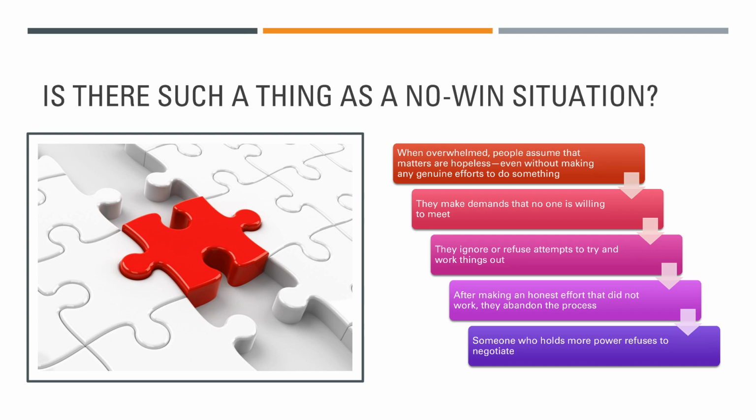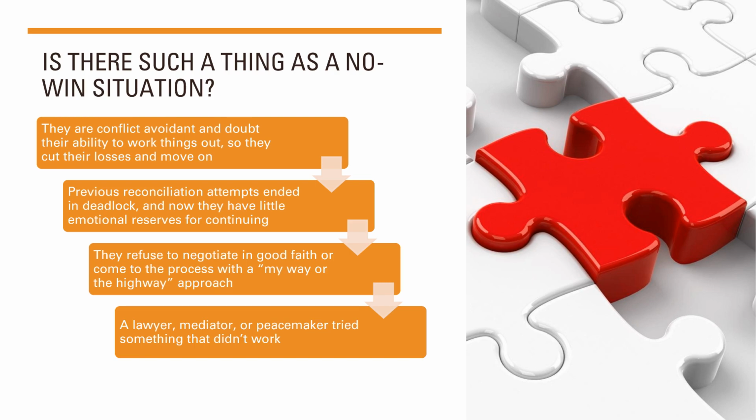Number five, someone who holds more power refuses to negotiate. Number six, they are conflict avoidant and doubt their ability to work things out, so they just cut their losses and move on. Number seven, previous reconciliation attempts ended in deadlock, and now they have little emotional reserves for continuing.